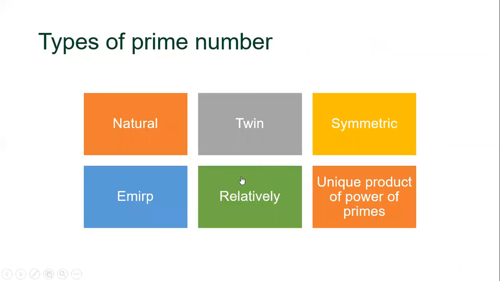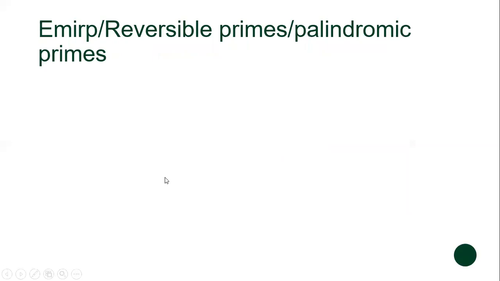So you can find your symmetric primes. Okay, now let's move on to EMIRP. EMIRP is actually prime spelled backwards. So it is a prime number that remains a prime when its digits are reversed. And they can also be called reversible primes, which might include palindromic primes.